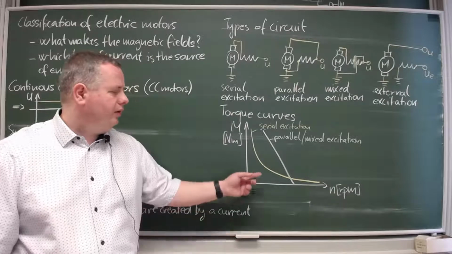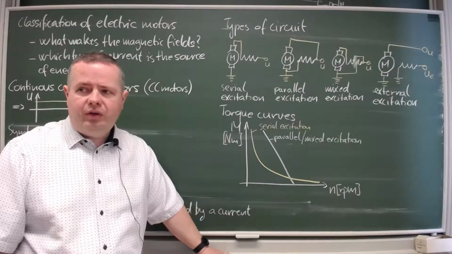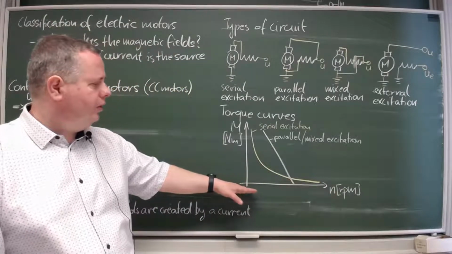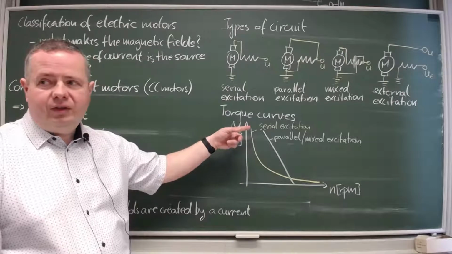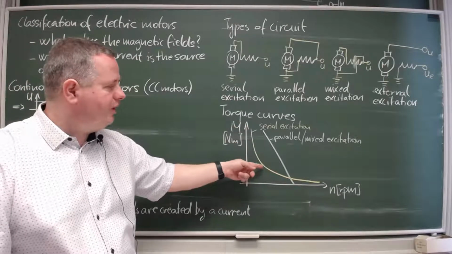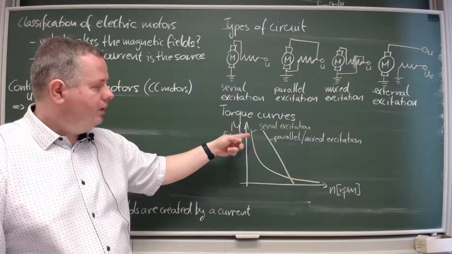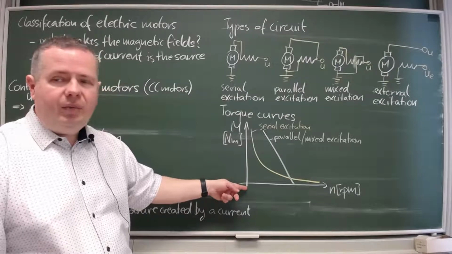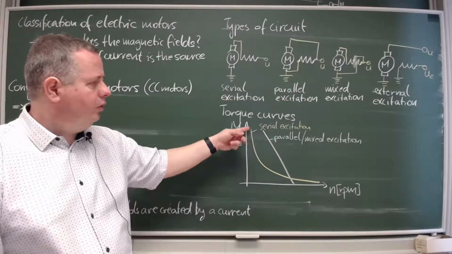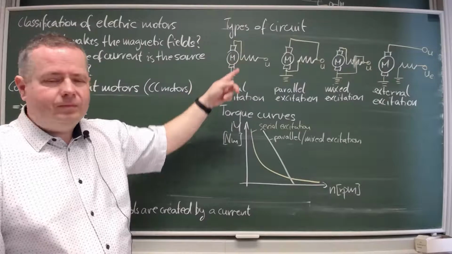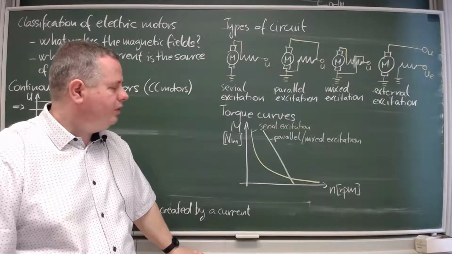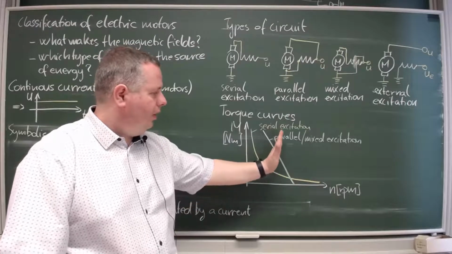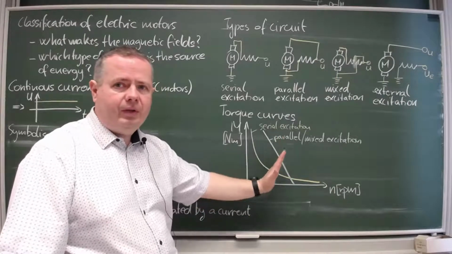On the yellow one, the serial excitation curve, you see that when the RPM decreases towards 0, the torque increases. And this increase is not linear, it's quite exponential. And you see that close to 0 RPM, the torque seems to go to infinity. For the parallel case, you get a mean RPM in the system.